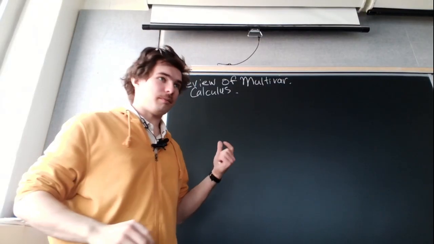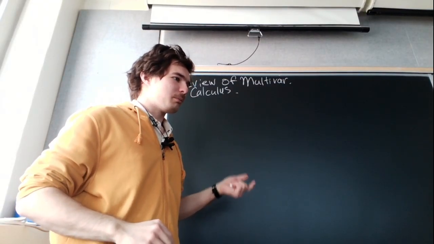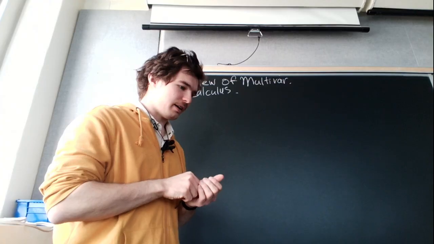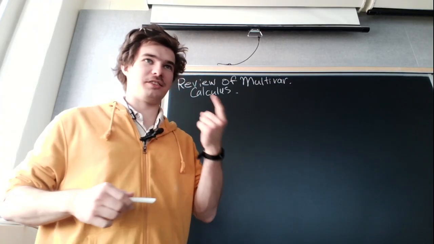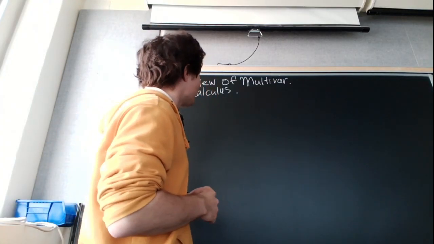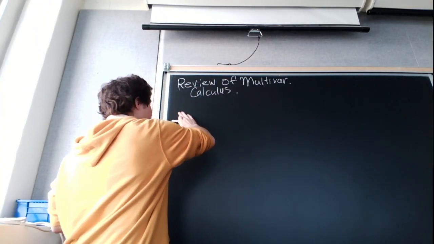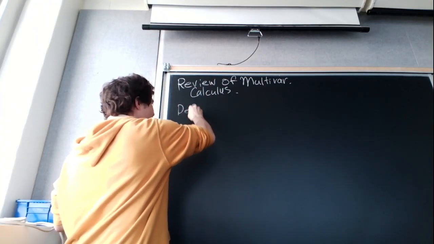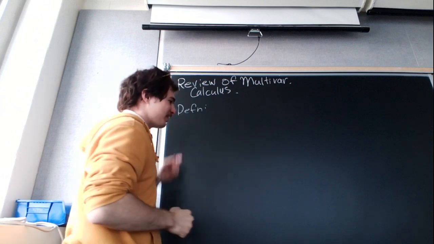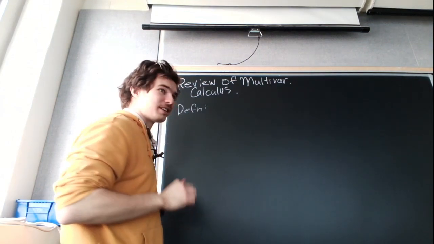Okay. So if we're talking about calculus, one of the things that we want to talk about is a derivative. But before we define a derivative, let's very quickly define the single most important thing in Math 240: what is a linear map? So let's start with that. Definition, and this is not going to be a proper definition because I'm too lazy.